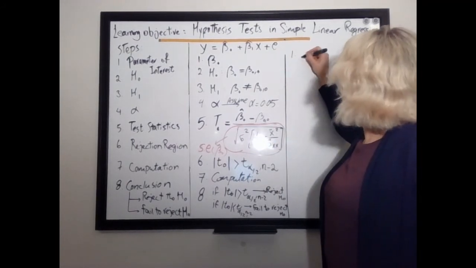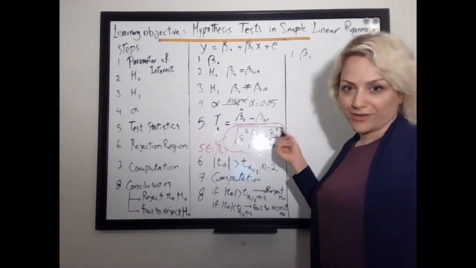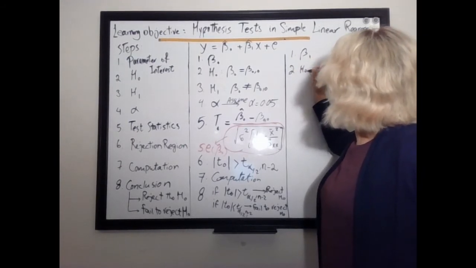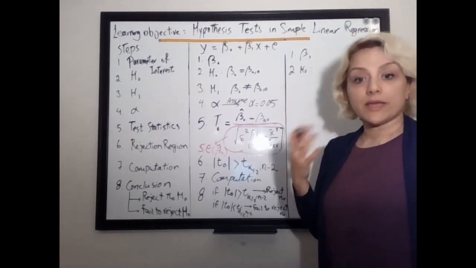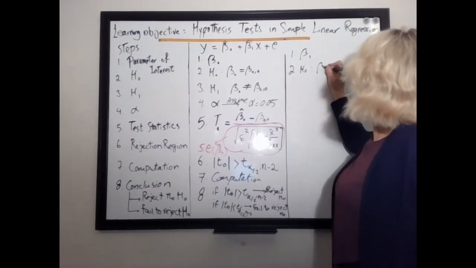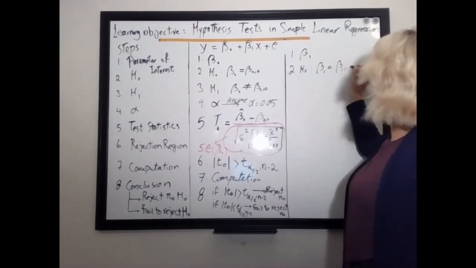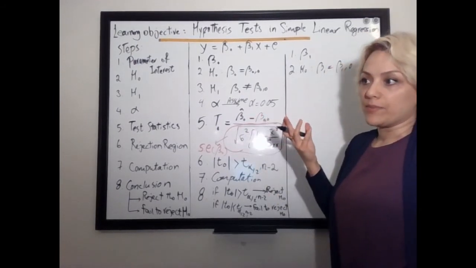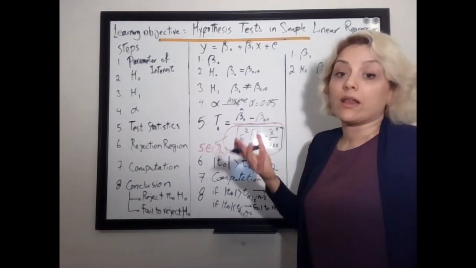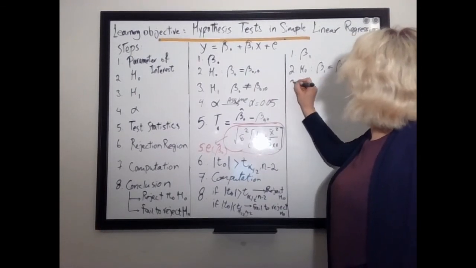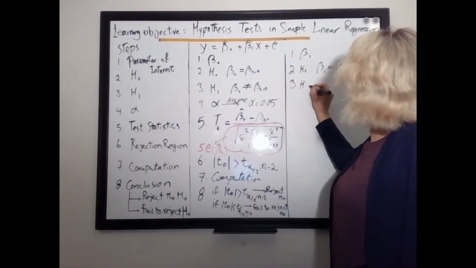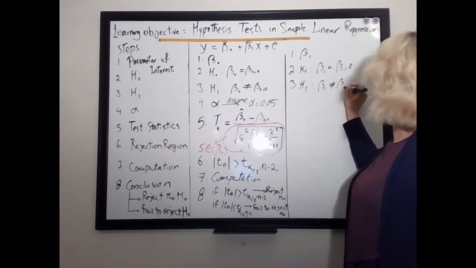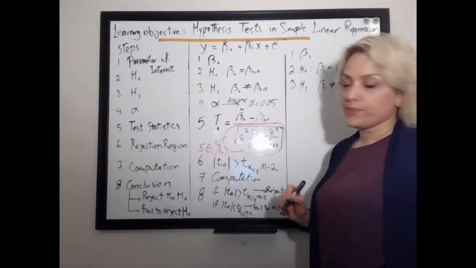So my parameter of interest is beta 1, right? My null hypothesis is going to be beta 1 is equal to beta 1 null, like the one that I have from my catalog. And then 3, alternative hypothesis, this beta 1 is not equal to the beta 1 null.